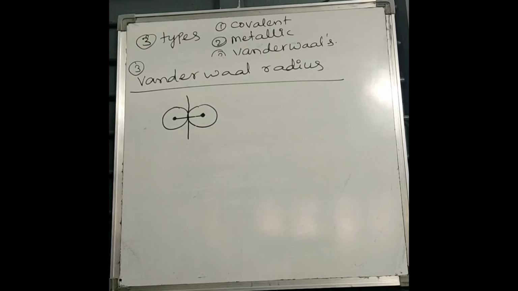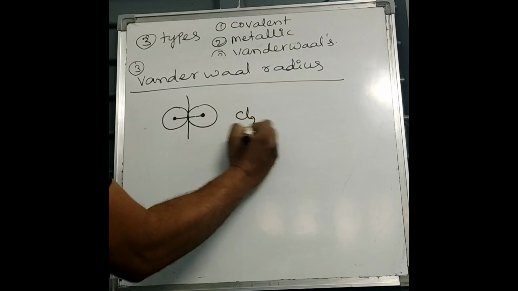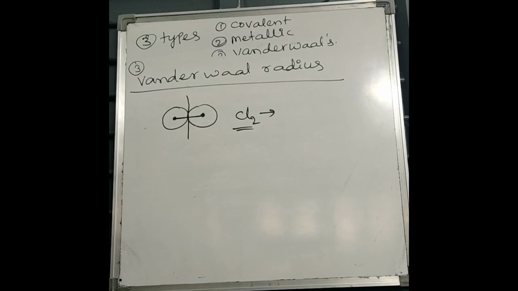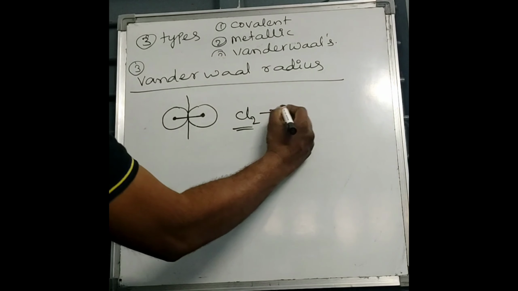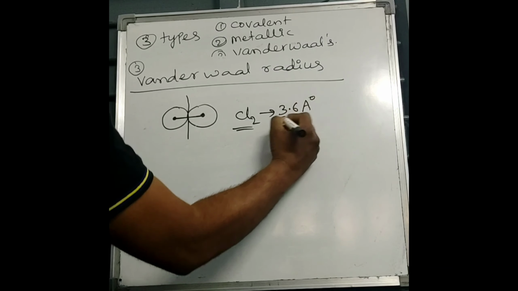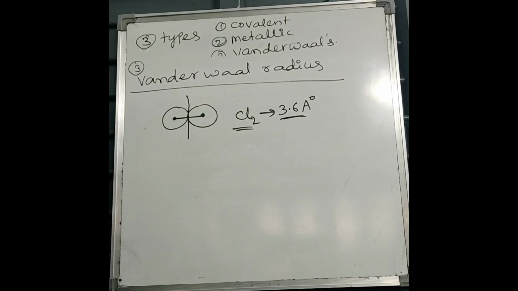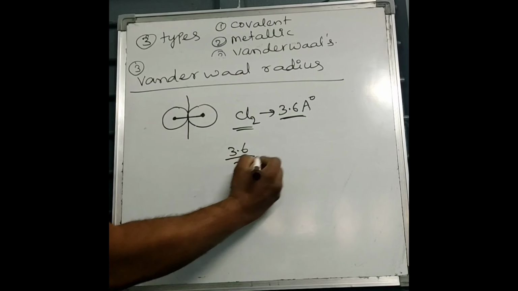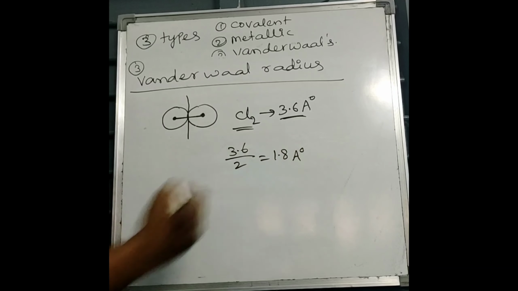The internuclear distance in chlorine held by van der Waals forces is 3.6 angstroms. So van der Waals radius is 3.6 by 2, that means 1.8 angstrom.